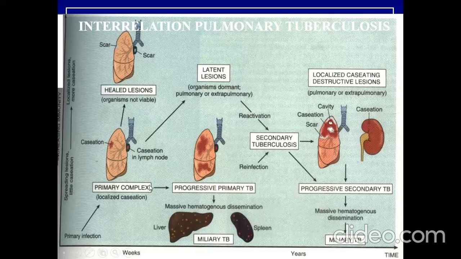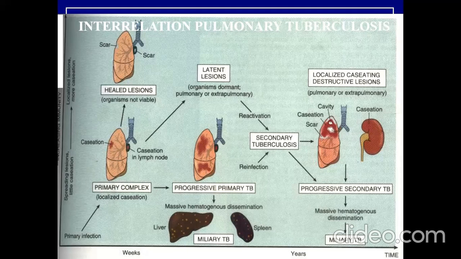We have seen adults having a primary complex also, who have been recently infected. There will be people coming with CNS tuberculosis or gastrointestinal tuberculosis, apart from having lung tuberculosis. So that is as far as progressive primary tuberculosis is concerned.